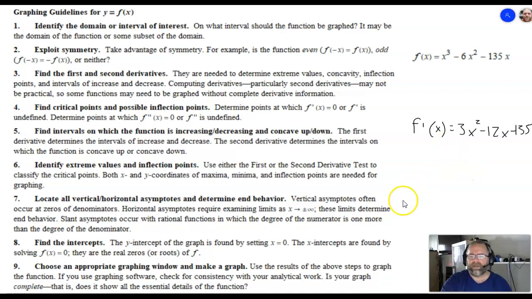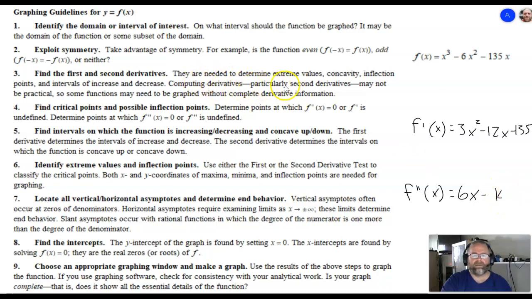I'm running out of room there. And then the second derivative down here, so I just write it like this, is just the derivative of the first derivative. So that's just going to be equal to 6x minus 12. 6x minus 12. All right.